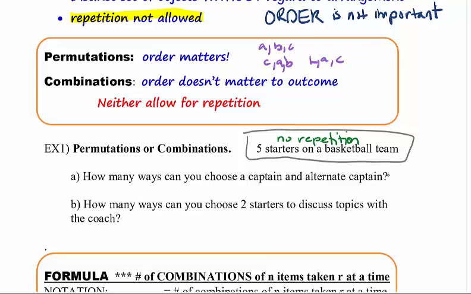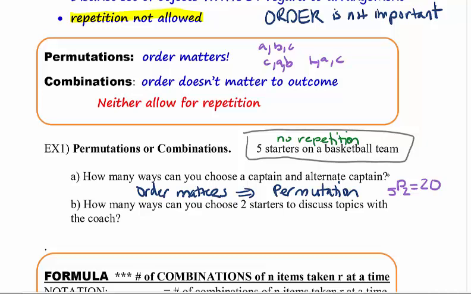But if you were being selected on a team and you were named captain or alternate captain, it does matter because the captain has more of the power, the more seniority. So in this case, order matters. This is a permutation. To figure out how many total ways, I would do 5P2 on my calculator, and that would give me 20.